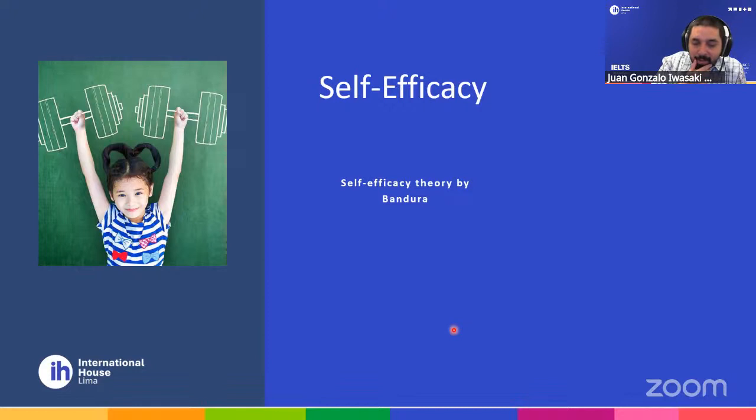The same works with your language students. If I think I'm good at English, every time my teacher asks a question, I'm going to raise my hand because I think I'm good. And that means I will practice my speaking more. I will get more feedback because every time I raise my hand, it doesn't matter if I was right or wrong, my teacher's going to give me feedback, right?